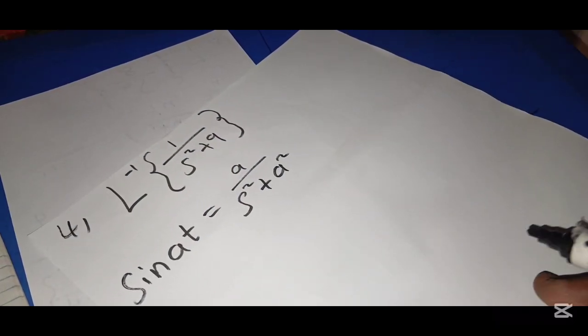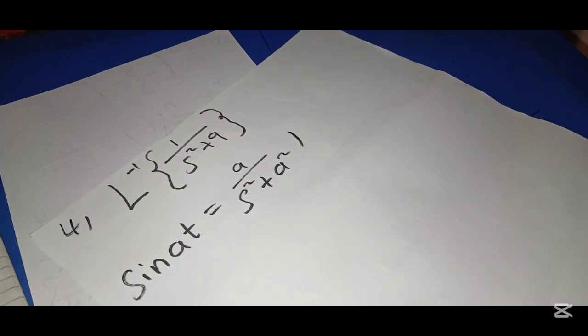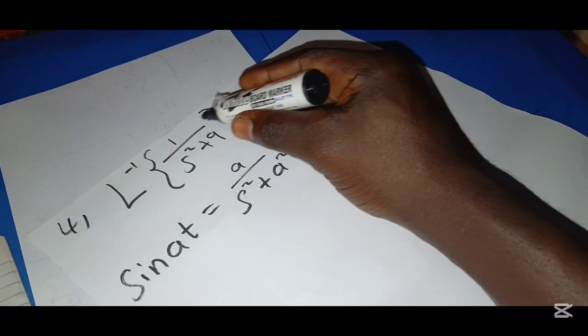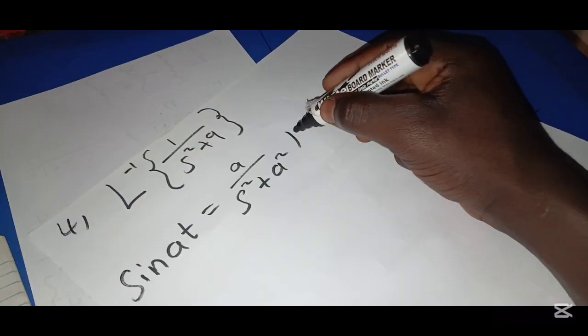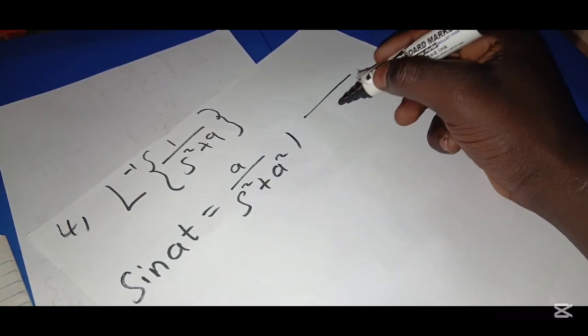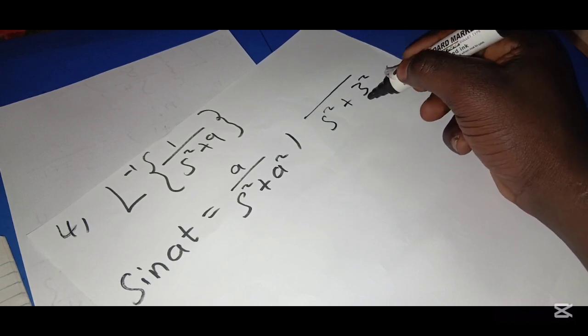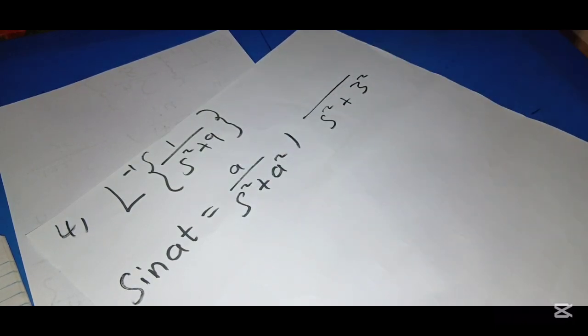So now, let me start analyzing my denominator. Analyzing the denominator first before the numerator is very helpful. So I can read out this whole problem like this: I'm focusing on the denominator, s squared plus 3 squared, because 3 squared gives me 9, right?